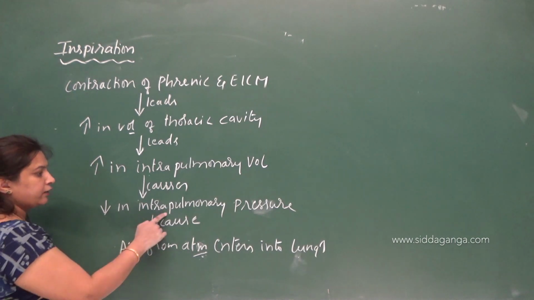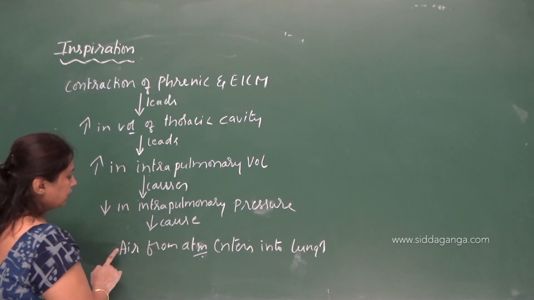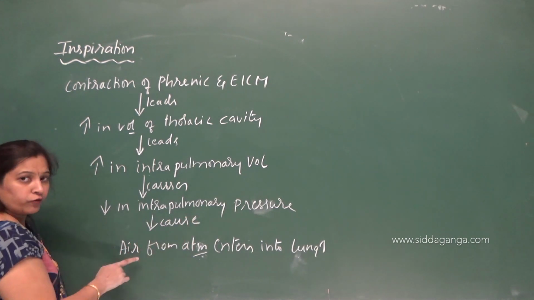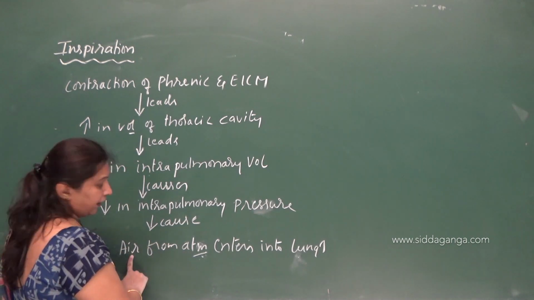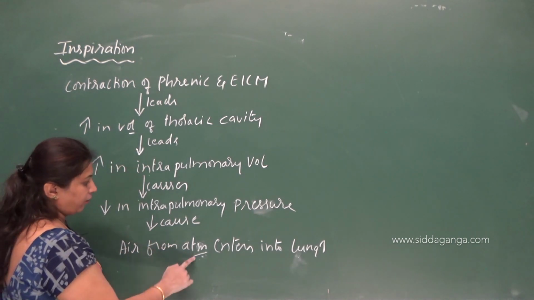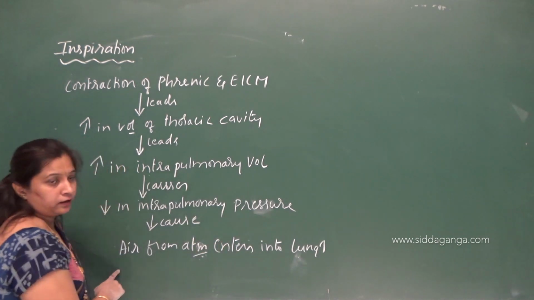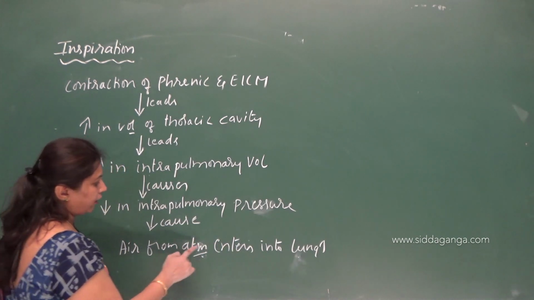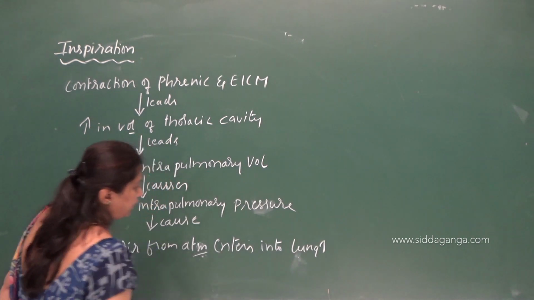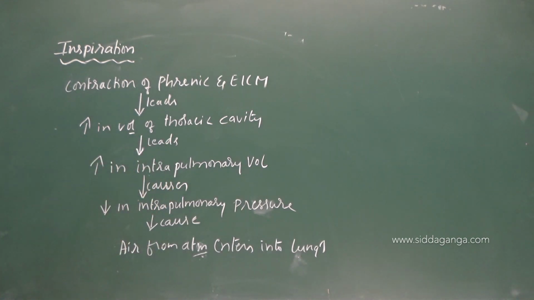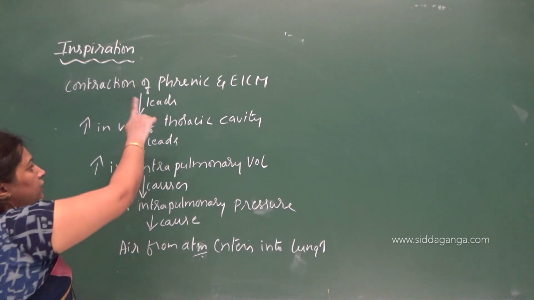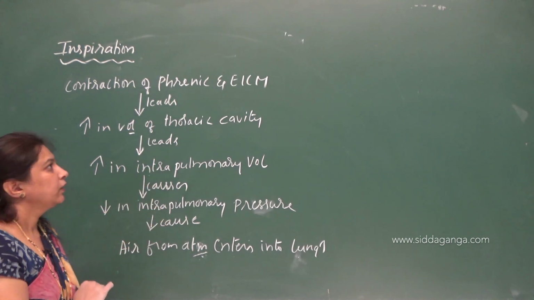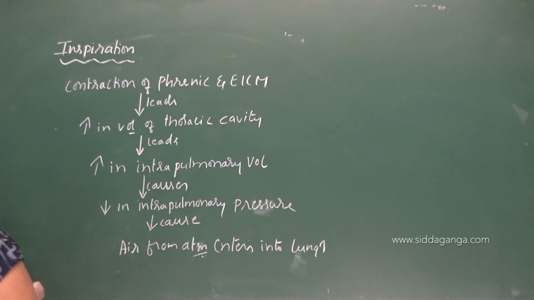So a drop in intrapulmonary pressure causes the movement of air from the atmosphere to the lungs. So this is what inspiration is. These are all the steps of inspiration. Then we'll move on to expiration.